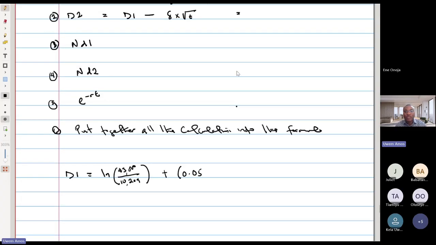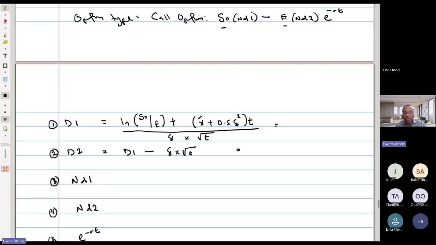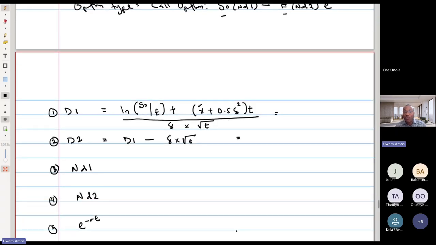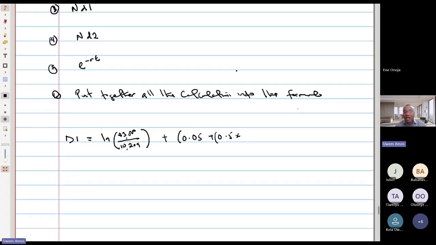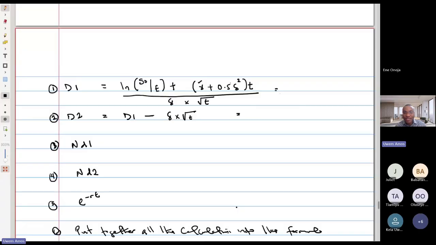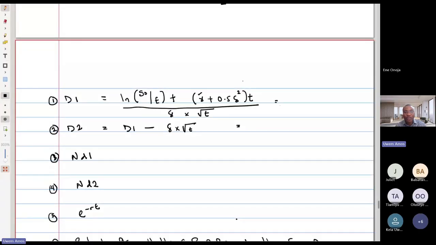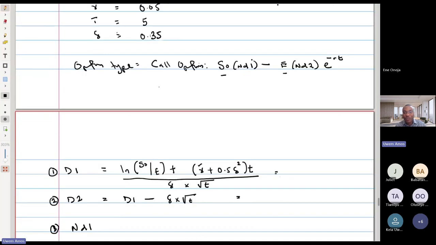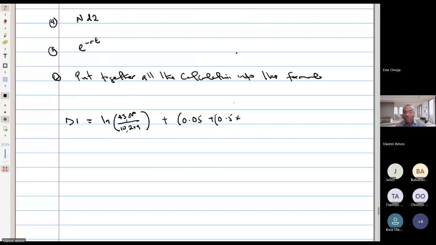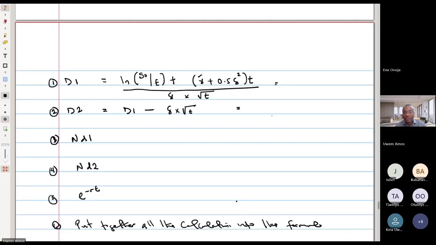Okay, our R plus 0.5, which is a constant value, multiplied by our standard deviation squared. So what is our standard deviation? It is 0.35, and we square that. 0.35 squared multiplied by T. And what is our T?